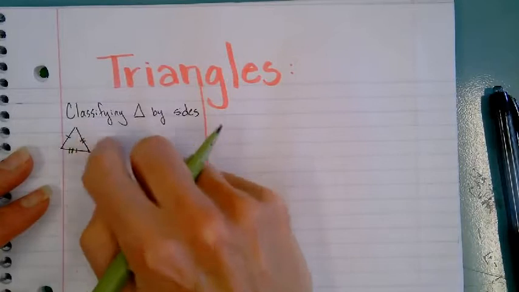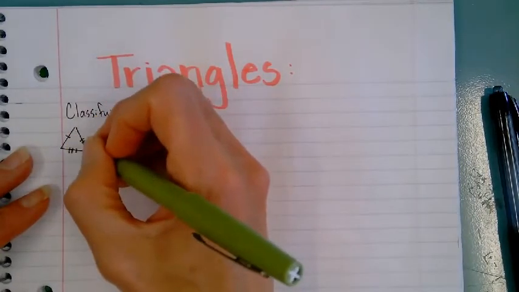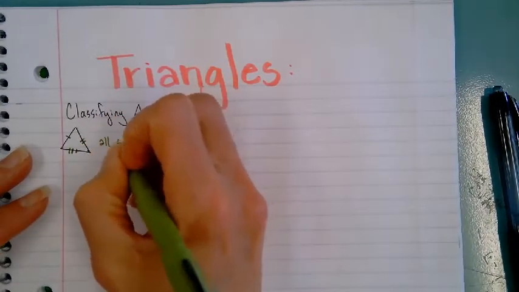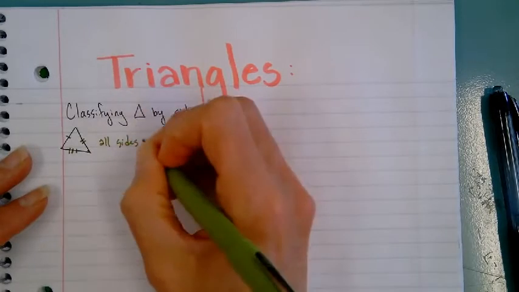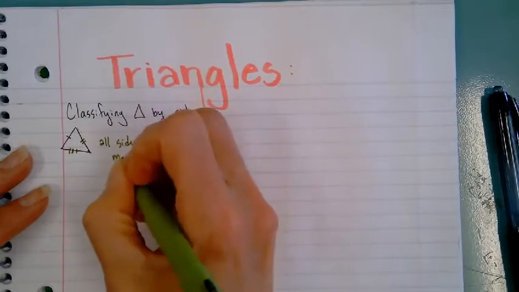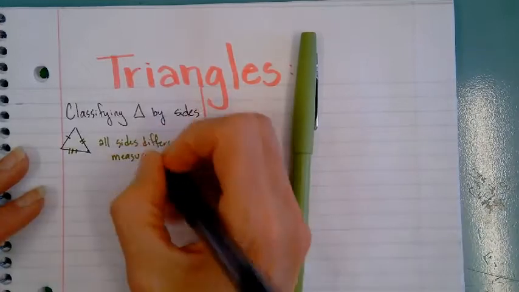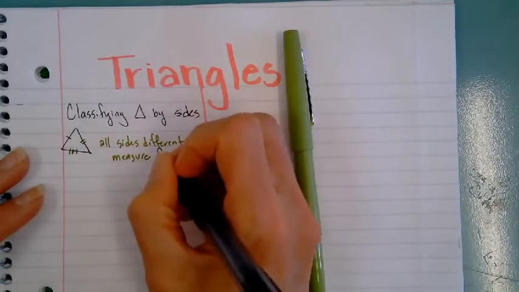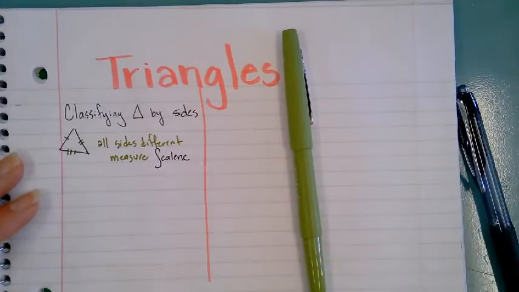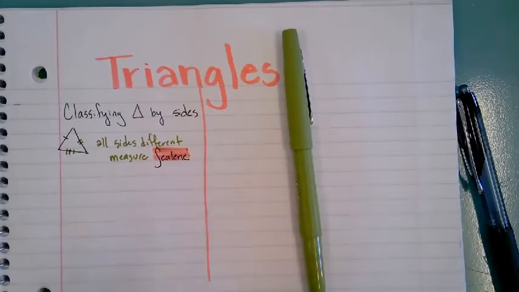And we show that by all the tick marks on the sides being different. So this measure is different than this side, and it's different from this side. So all sides, different measures. You maybe already know this, maybe it's review, but we call that a scalene triangle. So a scalene.